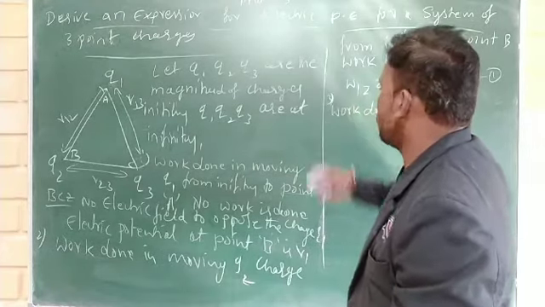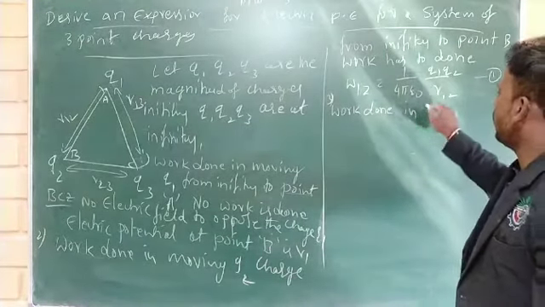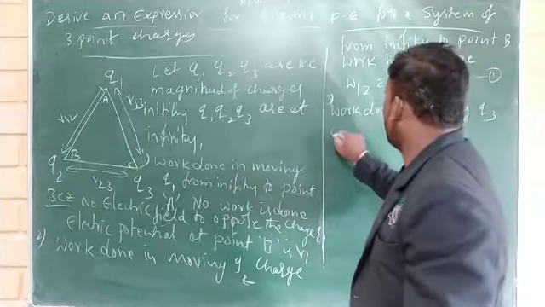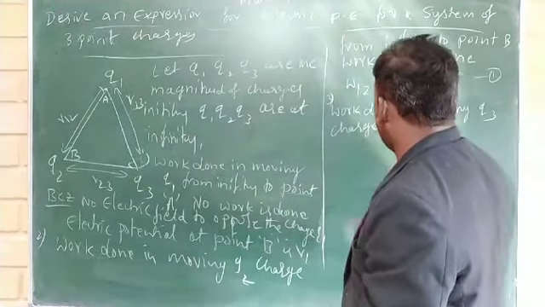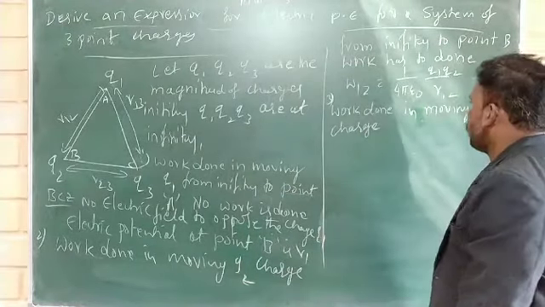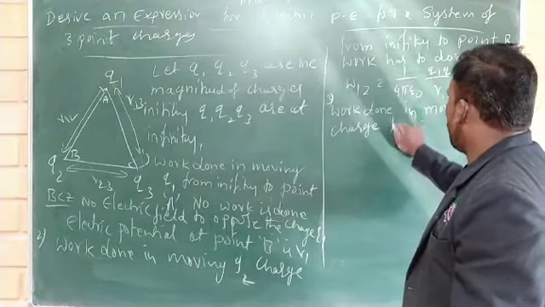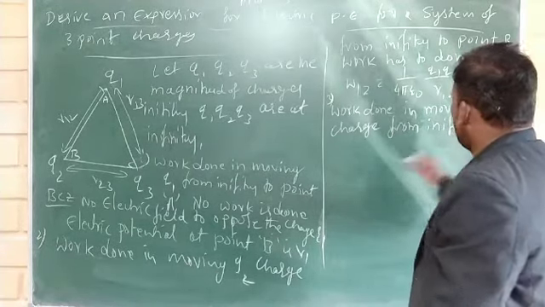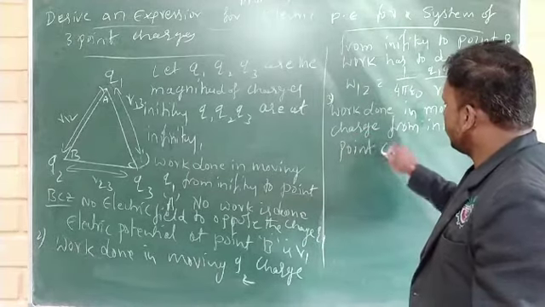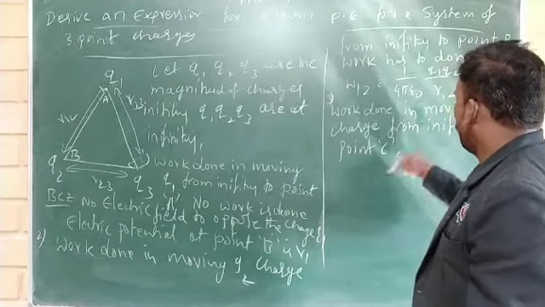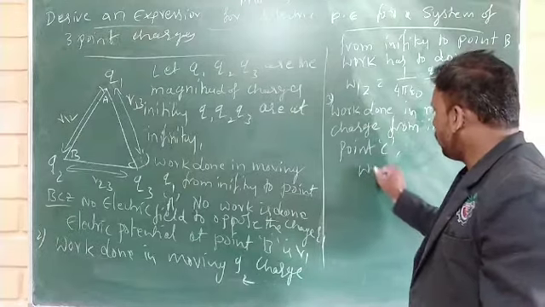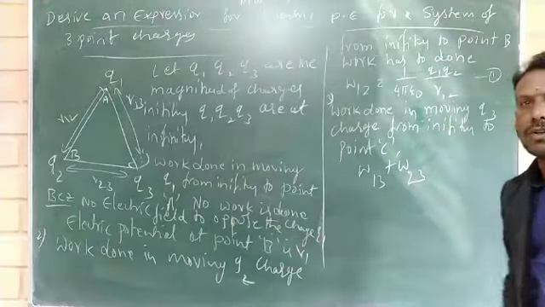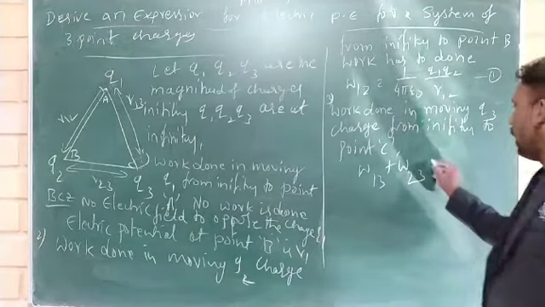Third step, work done in moving the Q3 charge from infinity to point C. Therefore, total work done is equal to W13 plus W23.